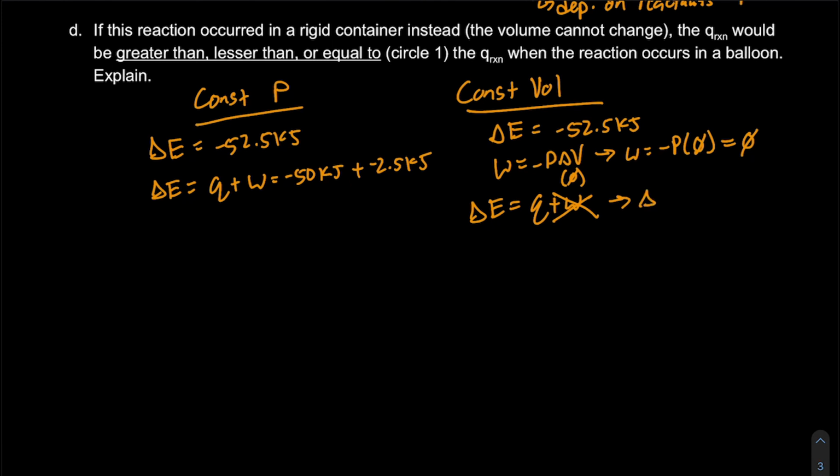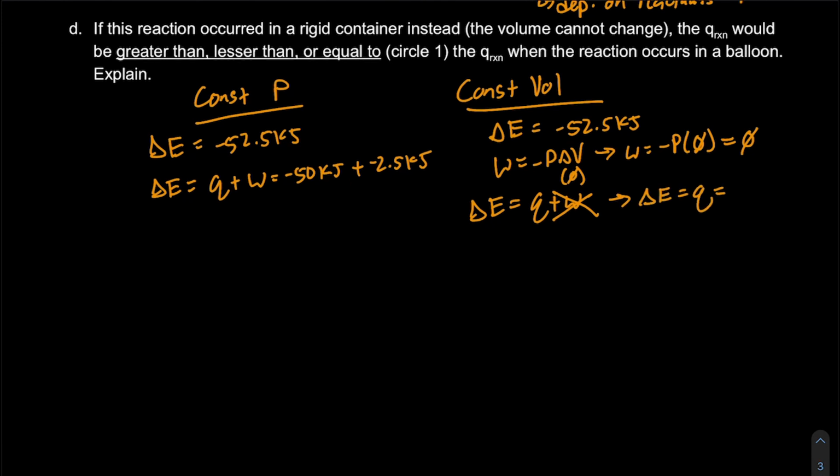So in this condition, our delta E is equal to Q. In this case, we know our delta E is negative 52.5 kilojoules. Because we can't release energy in the form of work, we're going to release more heat energy, because that's the only way that we can manifest this change in internal energy.